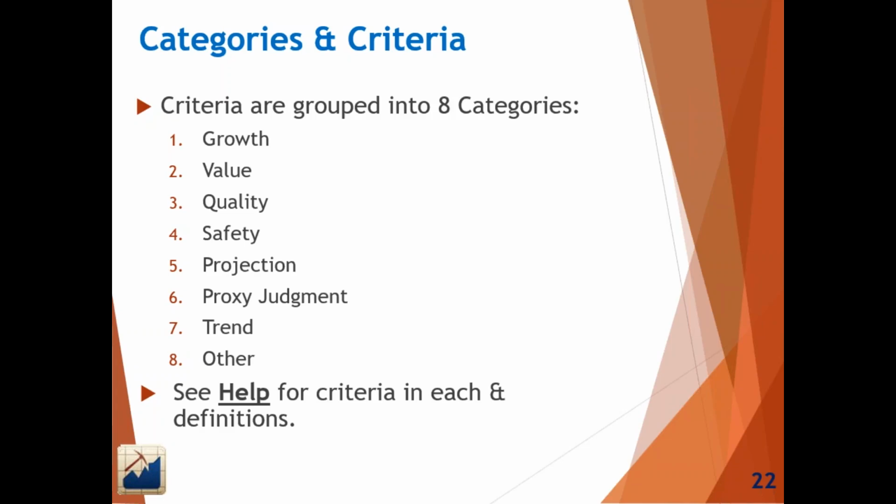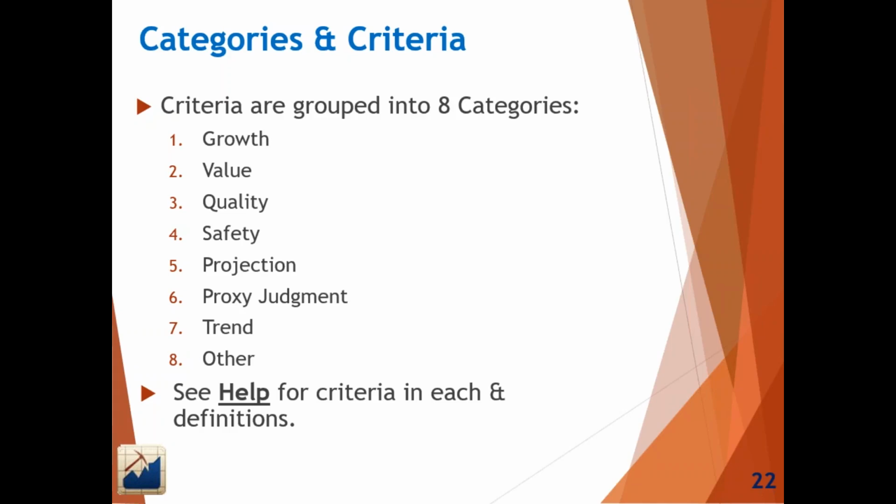Safety, that's where you'll find company size and dividend payout ratios. The projection is where you'll find analyst estimates of projected growth. Number 6, proxy judgment, is a little bit interesting. It's really for advanced users, but we actually calculate SSG projections, projected values.